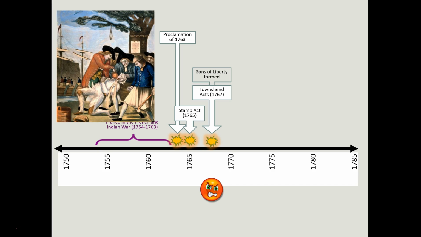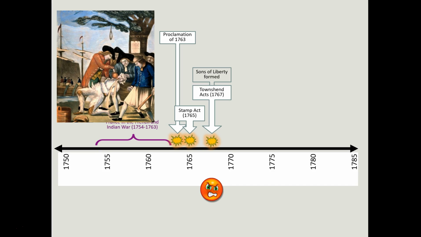So not only do you have to now pay a tax on printed items, such as newspapers, but now you've got to pay a tax on actual, just regular paper that you would write your letters on, which is how people were able to communicate at the time. So that's going to make the colonists mad.